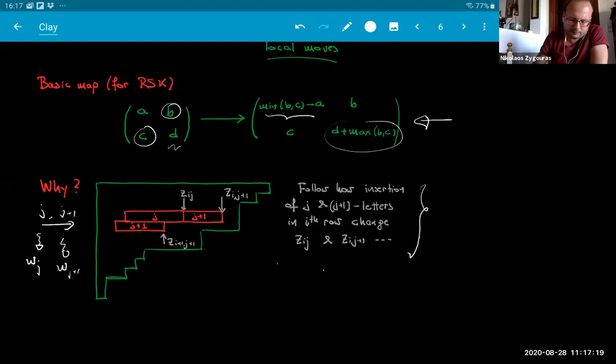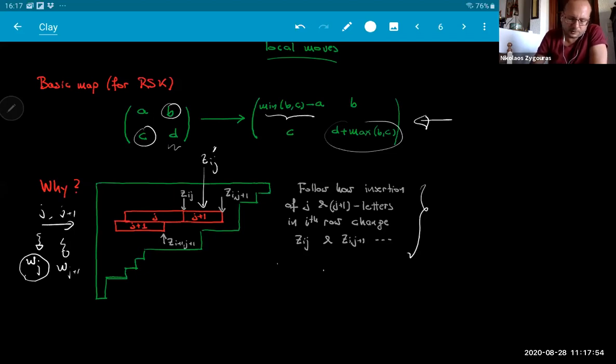If we look at the Gelfand-Tsetlin variables, we have this z_ij, which signifies the length in the ith row up to the letter j. So what will happen if I add a number of j's? The row insertion will push some j plus 1s away, and then maybe the new length up to the letter j is going to be here.